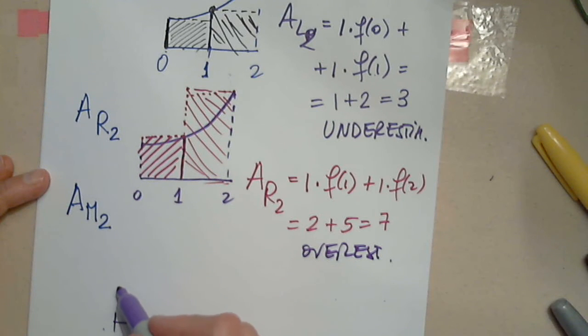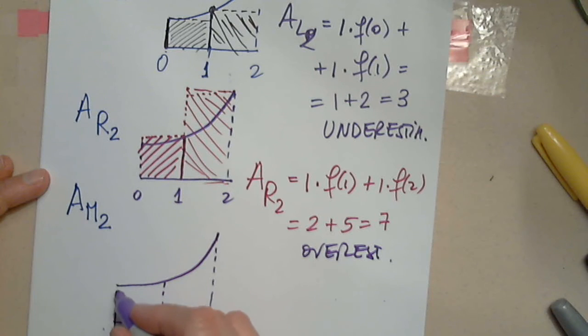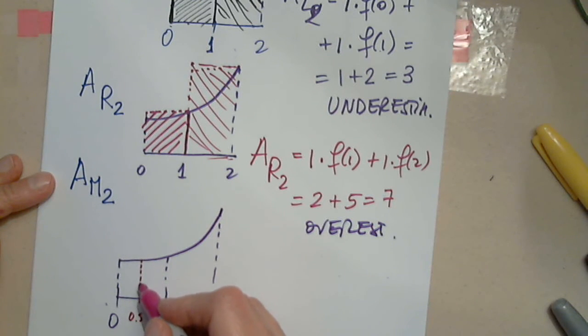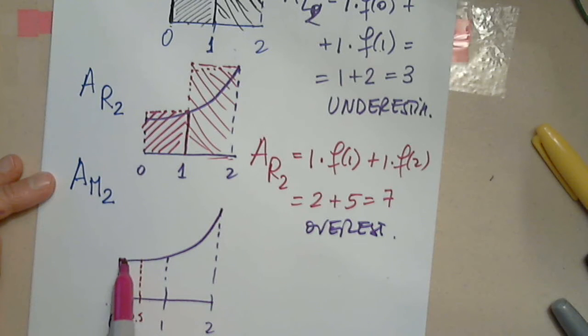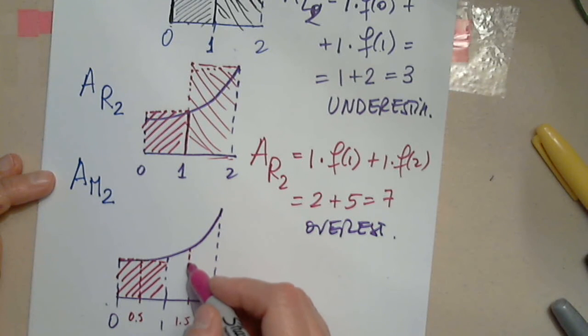Here's the graph of the function, the same thing. But this time, I'm asked to use the midpoint, 0.5, and midpoint, 1.5.